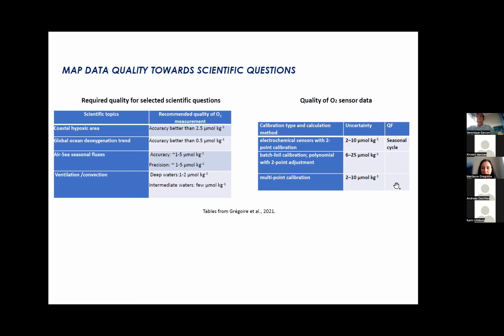Here you can see the variation of the uncertainty of the sensor data according to the type of calibration that you have used. It means that, according to that, the scientific question to which you can answer with your observation would differ if you use this type of calibration or if you use a batch foil calibration with 2-point adjustment, for instance. And the user has to know that.